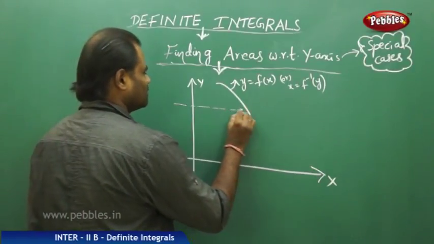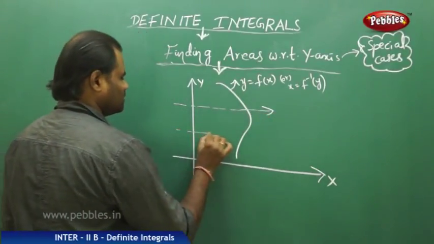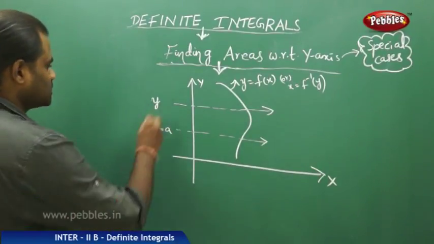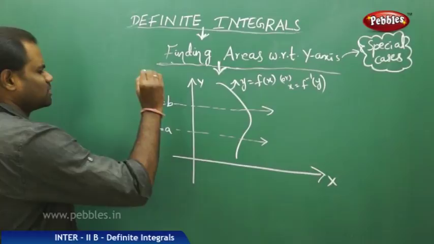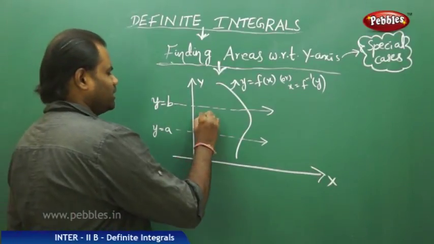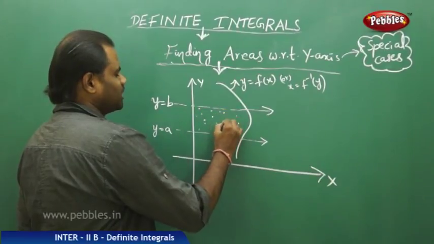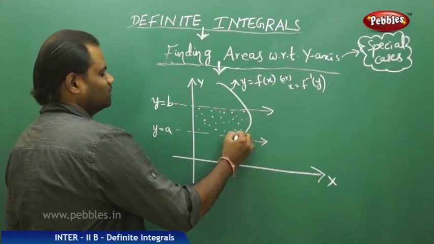Then, in order to find the area of the shaded region, and this is the upper limit, which is y equal to b, finding the area of this shaded region comes as the special case of only one curve.